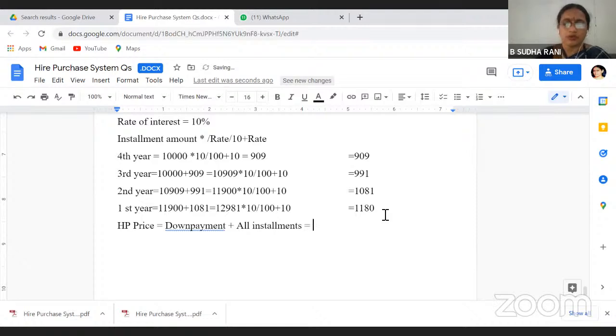So 10,000 plus 4 installments, 4 equal means 40,000. So equals 50,000 is the hire purchase price. Now minus interest.